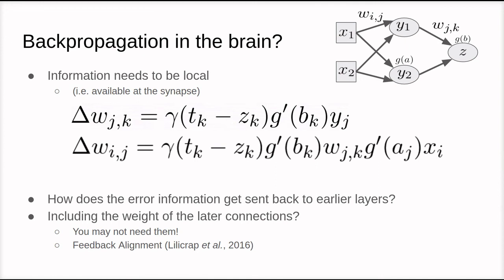But perhaps one of the more interesting results comes out of the work on feedback alignment developed by Lillicrap et al. in 2016. What this shows is that we can actually use random backpropagation, or random projections back through the network, to carry the error signal. This obviates the need to know the value of downstream synaptic weights.